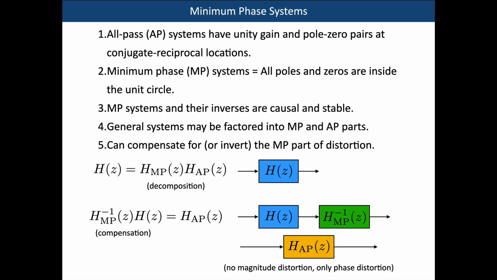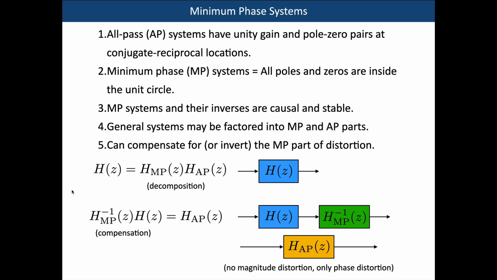But in general, most systems that you encounter in the real world are not minimum phase. And so we would like to understand to what extent I can compensate for the non-minimum phase characteristics of real systems. And here's one way to answer the question.